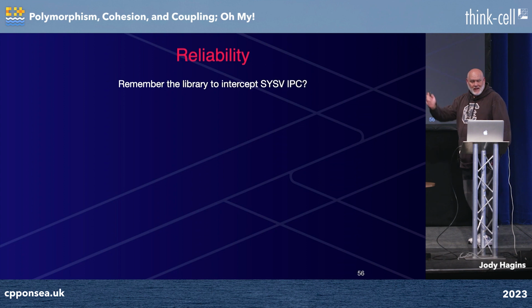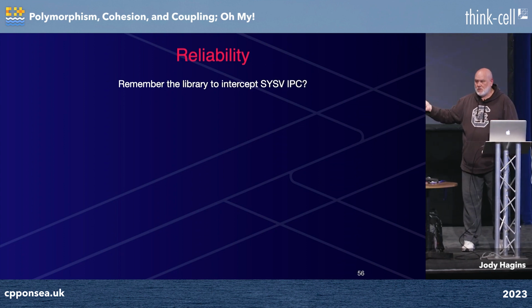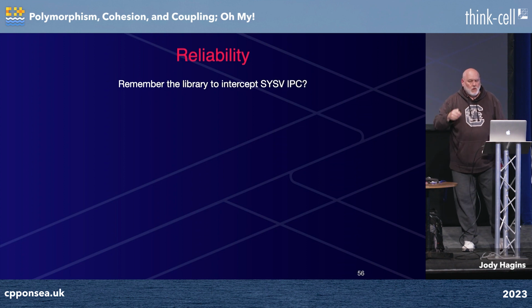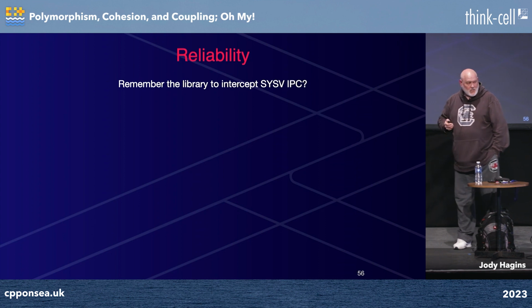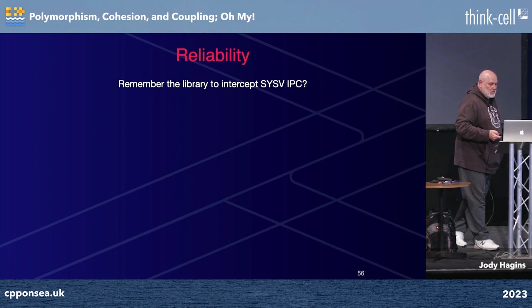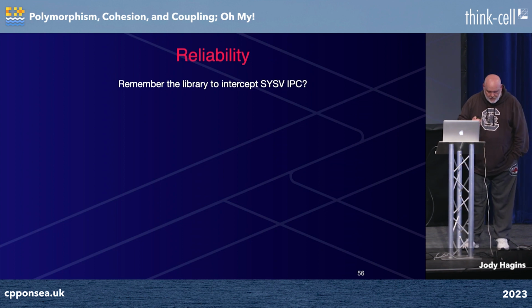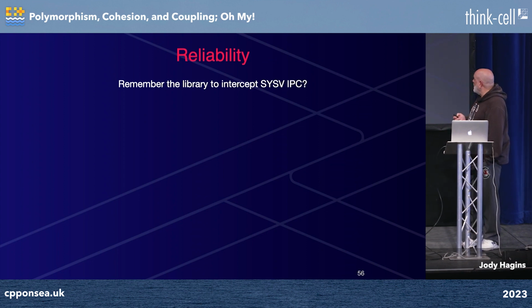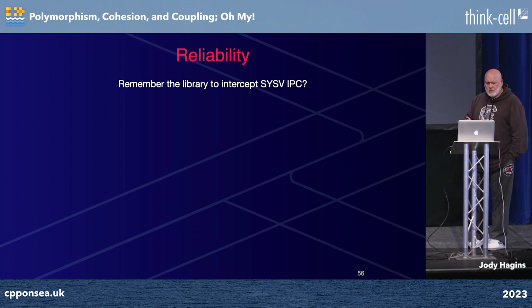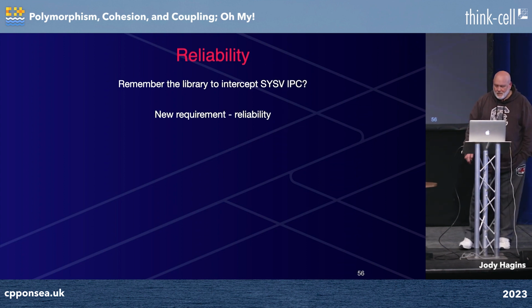So remember that library I was talking about that we built to distribute the system. Well, once you have distributed systems working on the network, especially back then, this was probably 1991 maybe, maybe 92, you need reliability.